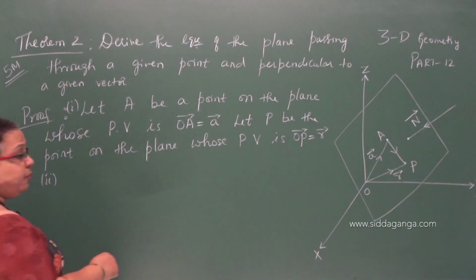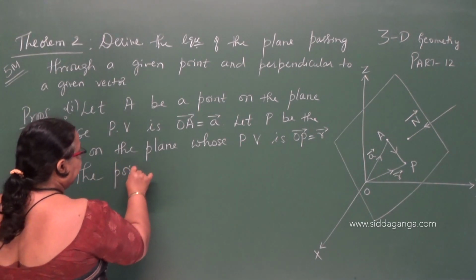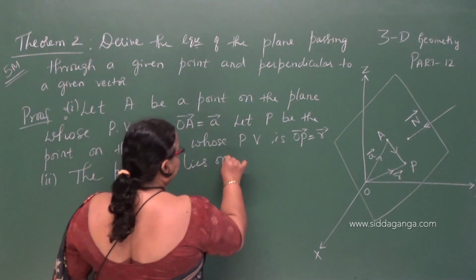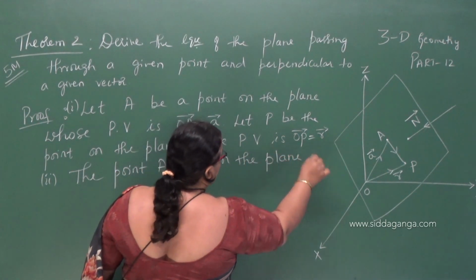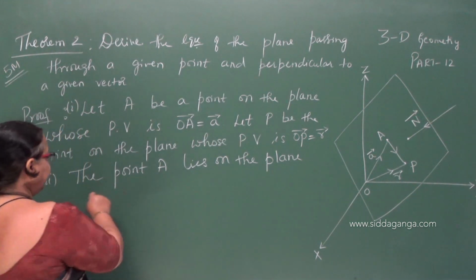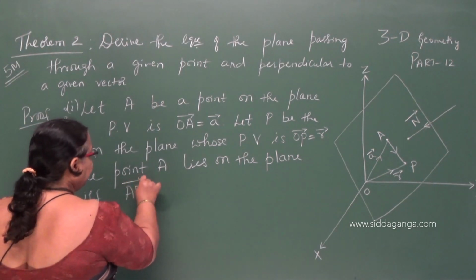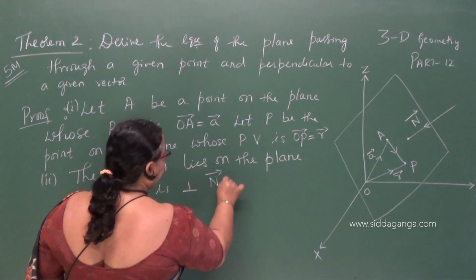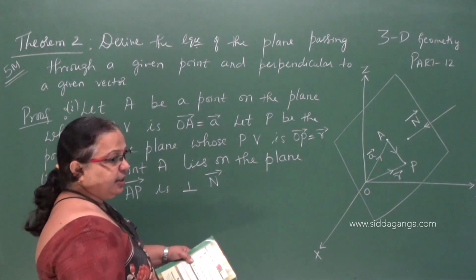Now the second point is the point A lies on the plane, that is, the plane passes through the point A if and only if vector AP is perpendicular to vector n, that is the given vector.